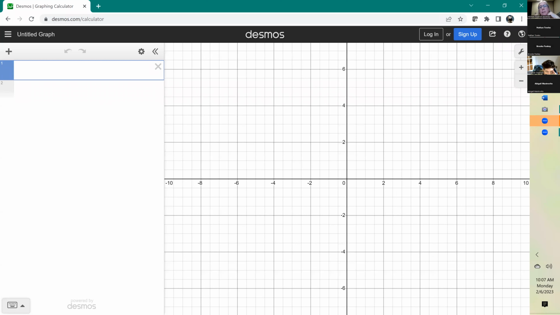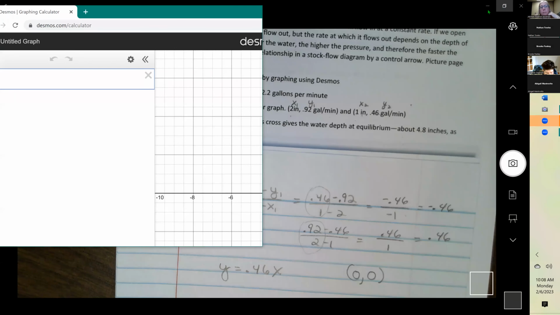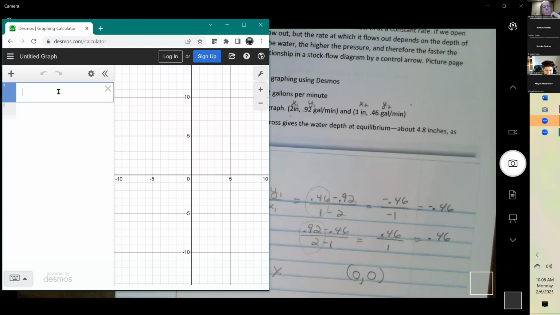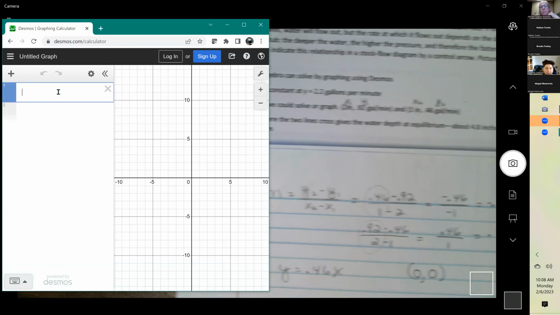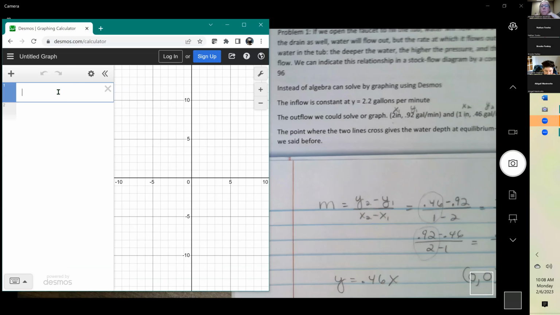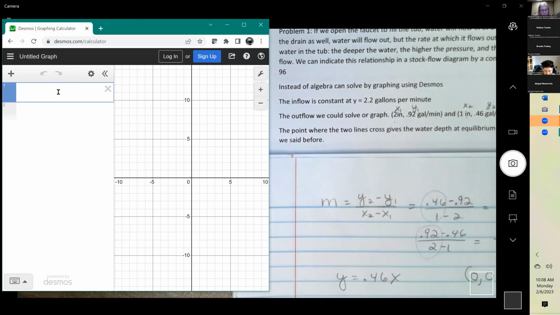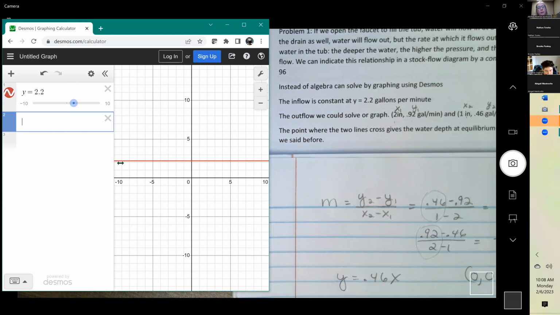If we go on Desmos and graph it, we know we have this constant. And the constant is a horizontal line.